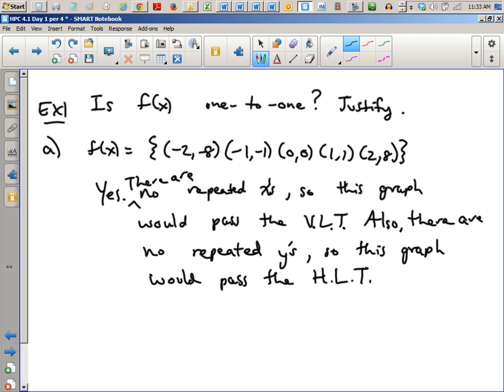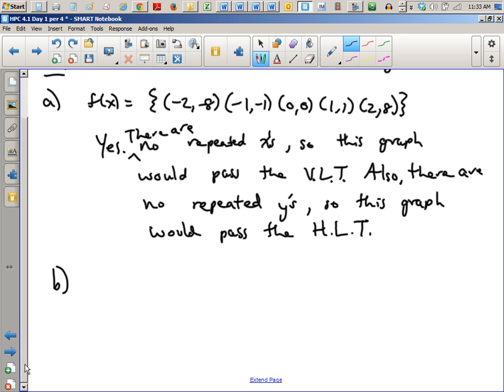All right, what about this one? f of x is shown, so you get a graph. This is the sine function, right? This is going to be an easy one. You've already got the graph there. Is it one-to-one?